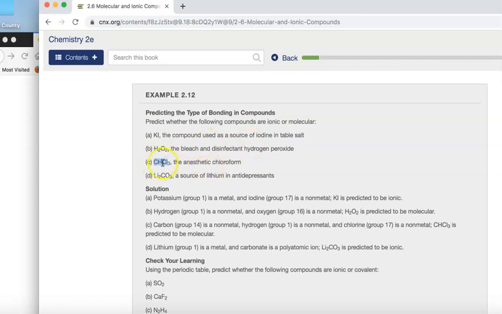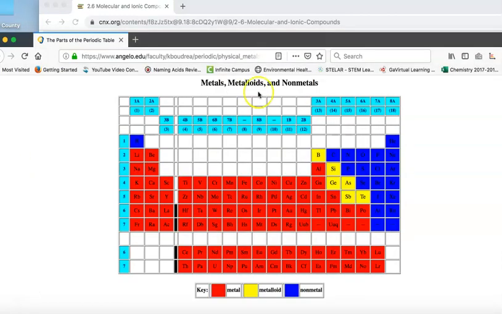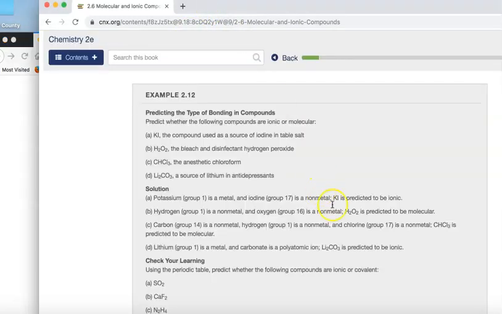Next one, chloroform, CHCl3. Carbon, hydrogen, and chlorine, I need to look those elements up. Carbon is a nonmetal, hydrogen is a nonmetal, and chlorine is a nonmetal. So that compound would also be molecular.